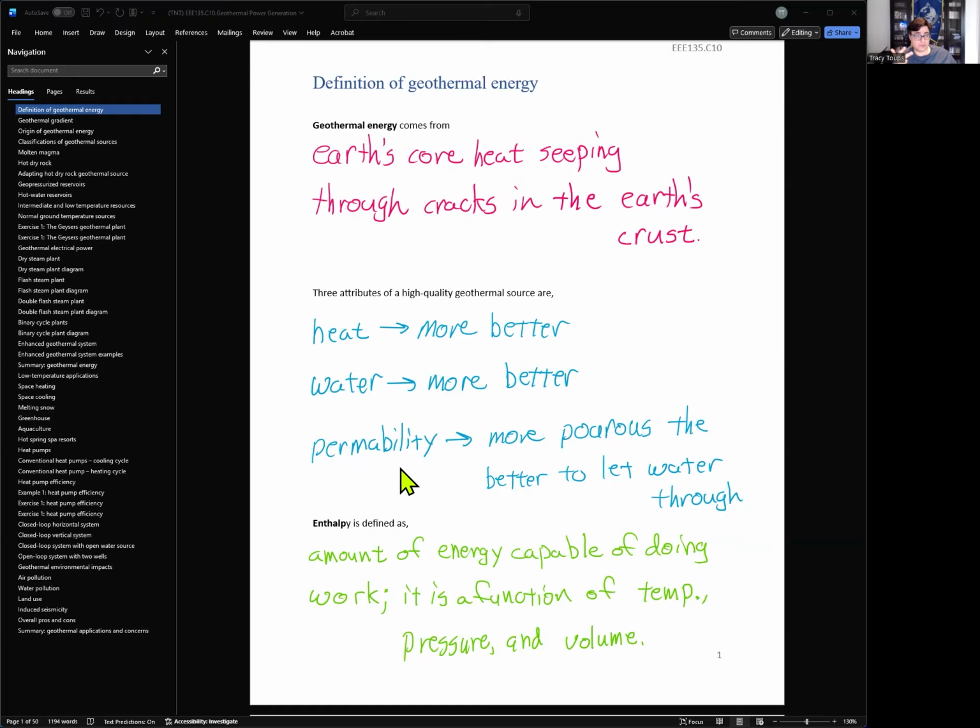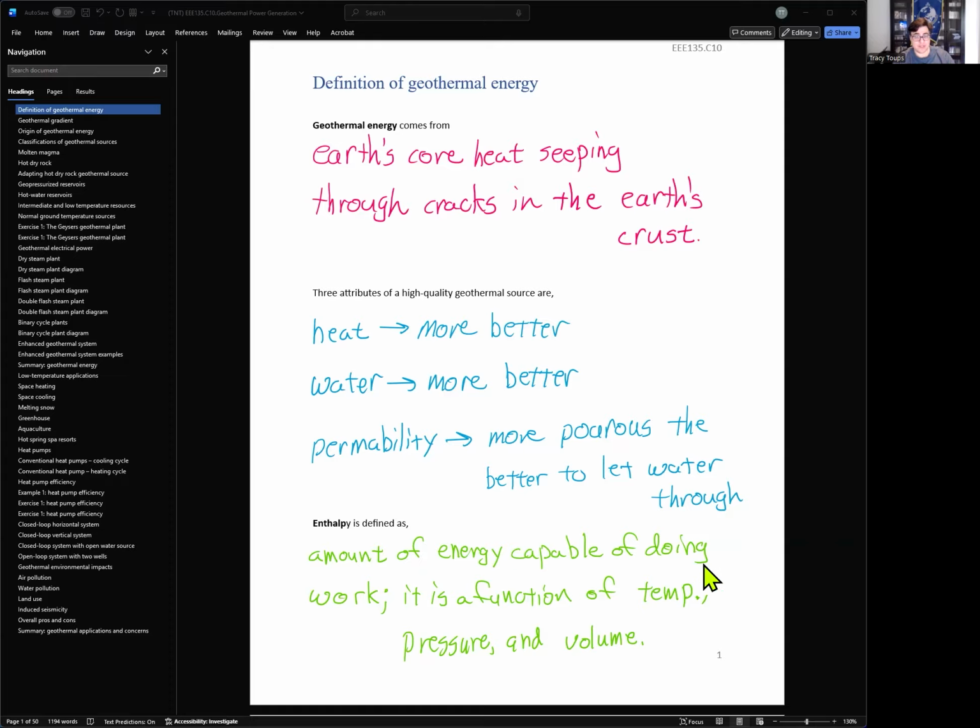Now, when we start talking about heat and water, we have to start thinking of thermodynamics and mechanical engineering. There's a key concept called enthalpy, which is the amount of energy capable of doing work. So each geothermal site has a set amount of energy, and how much of that energy can we extract to do useful work? It's called enthalpy, right?